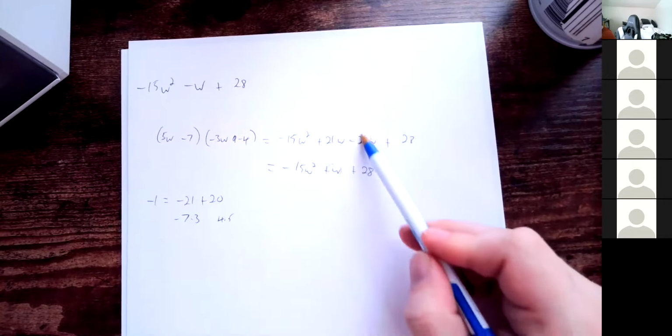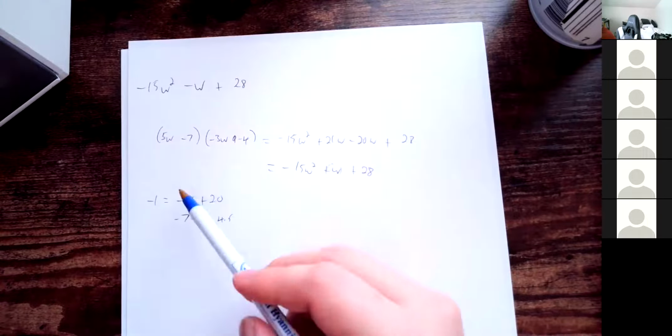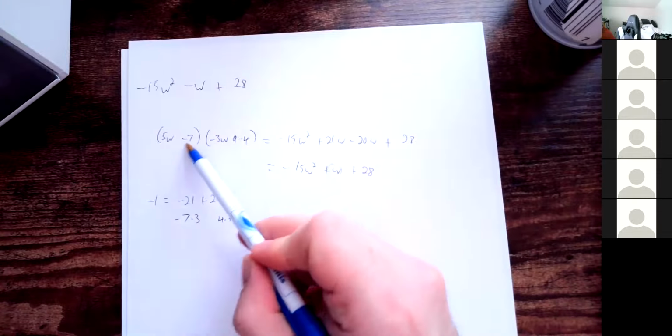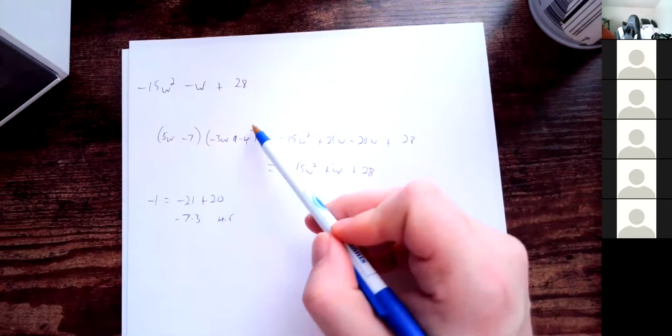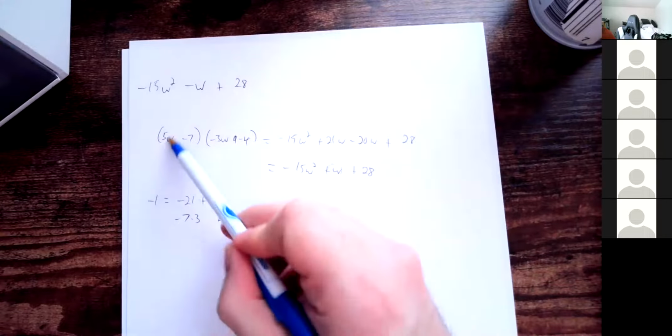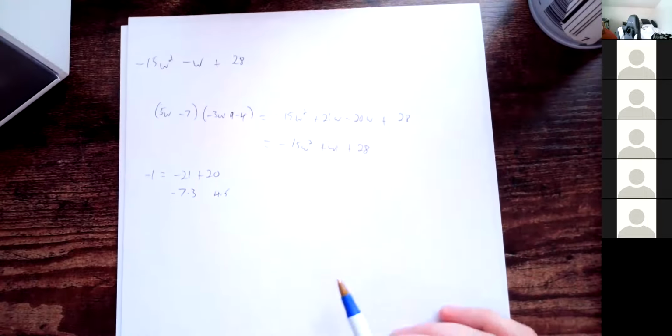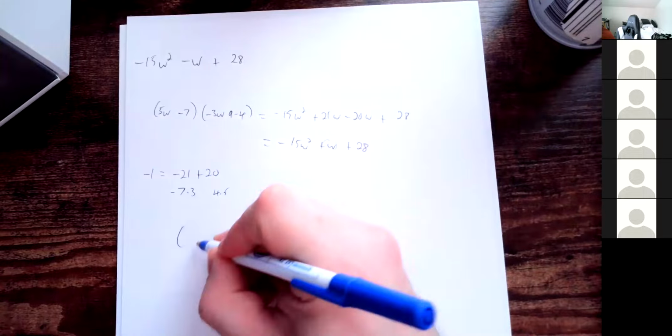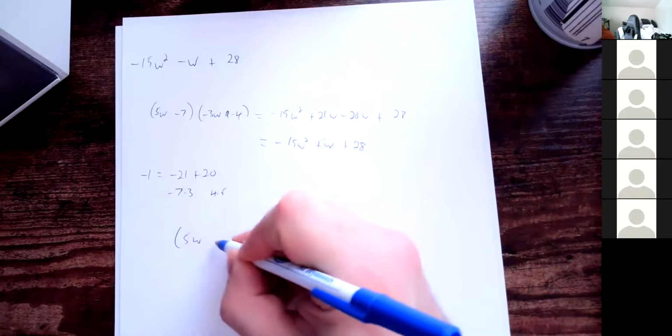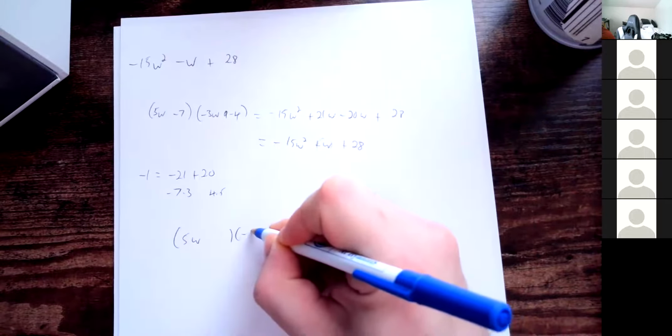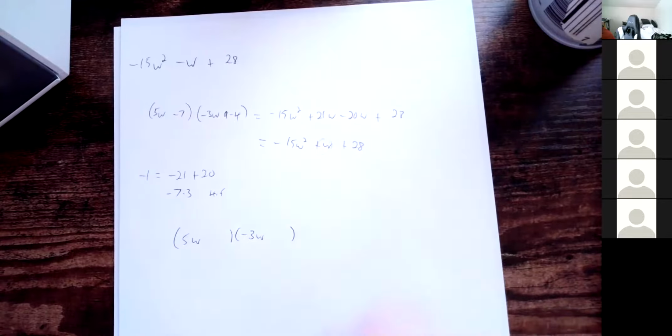So where did this 21 minus 20 come from? It came from negative 3 times negative 7, and it came from negative 4 times 5. So maybe we can just change one minus sign and get it out.